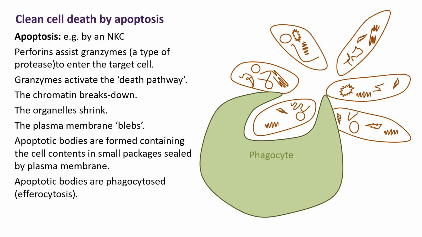Ultimately, what will happen, hopefully, in normal circumstances, is that a phagocyte will come along, will bind to these apoptotic bodies, probably via a damage-associated molecular pattern, to a pattern recognition receptor, and will then phagocytose those apoptotic bodies. That will completely destroy anything within there, including any intracellular pathogens or nasty chemicals.